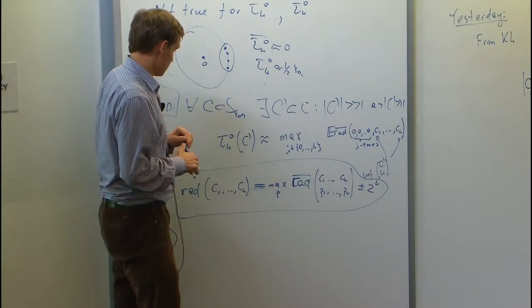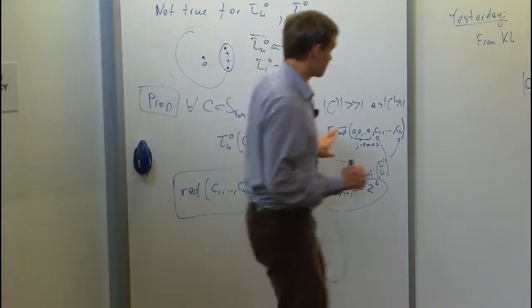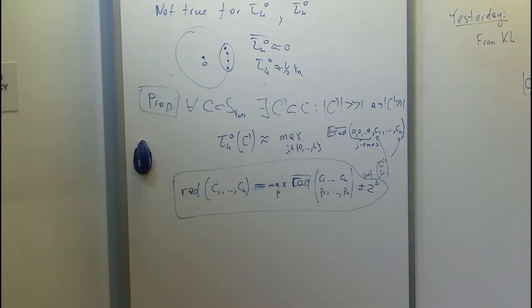So this tells me that what I need to replace here is to put the maximum over j of gj, where gj is exactly what I defined as expected radius in dimension 1, but with j zeros added.